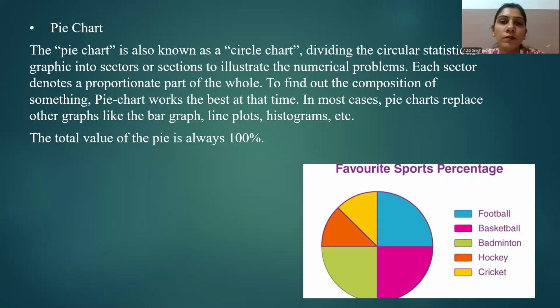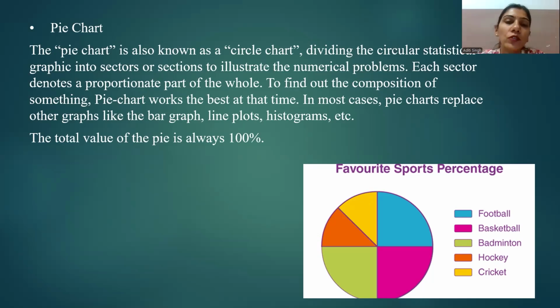Now let's come to the pie chart, which is another form of graphical representation of data. A pie chart is a circular graph which is divided into a number of portions. As you can see in this diagram, the pie chart is circular and divided into various portions which represent the percentage of a particular part or topic for which we are creating the pie chart. Each slice represents a category which shares a contribution to the whole.